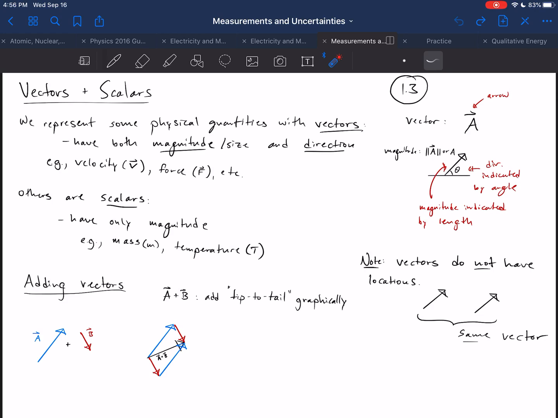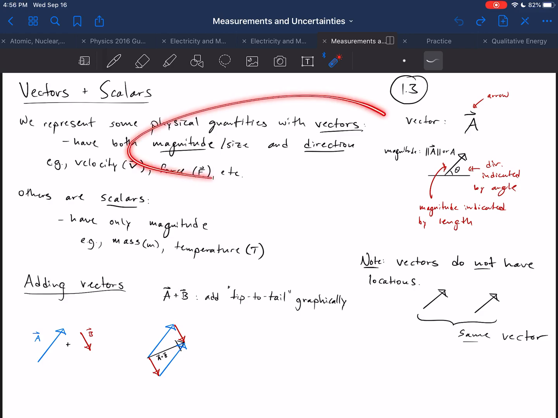If I ask you to find the force on this thing, to answer properly you need to state both the magnitude of the force, the size of the force, let's say 10 newtons, and the direction: 10 newtons to the right or to the left, or at an angle of 33 degrees relative to the horizontal. So a full specification of a vector gives both the length and the direction of the quantity.